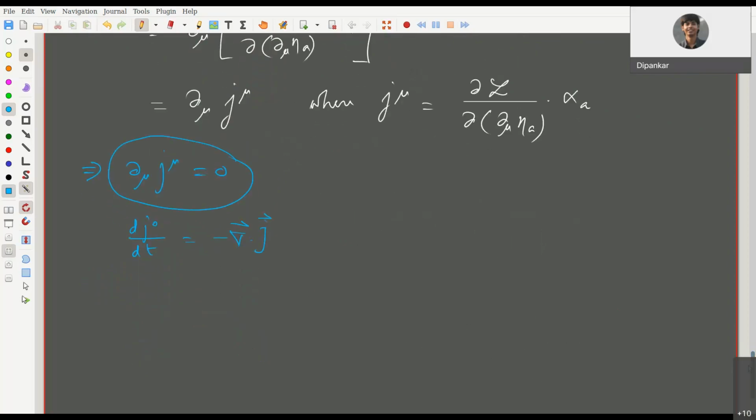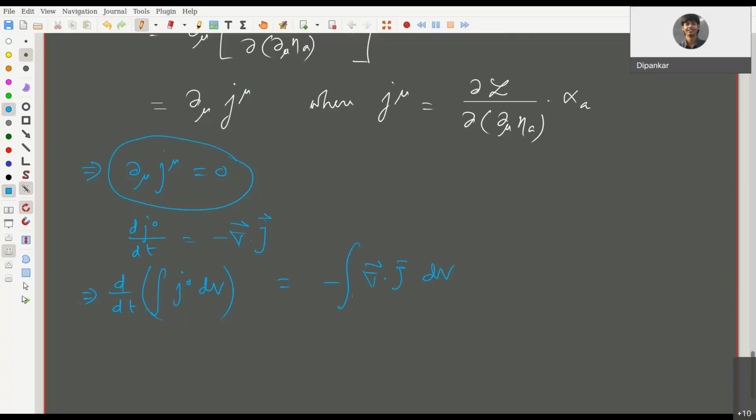And if this holds, then you know that if you integrate the whole thing over the 3-volume, you write it as d/dt of the integral of j0 dV equals minus the integral of del dot j dV.